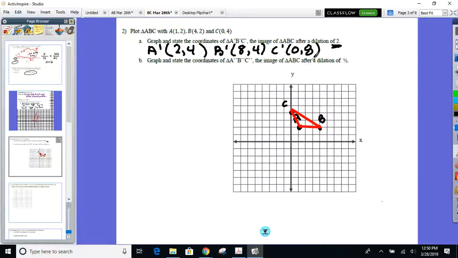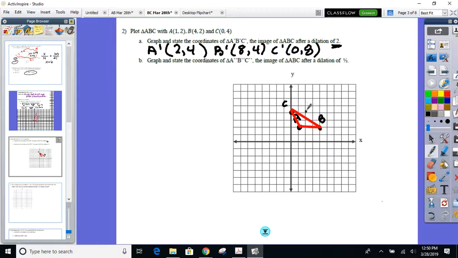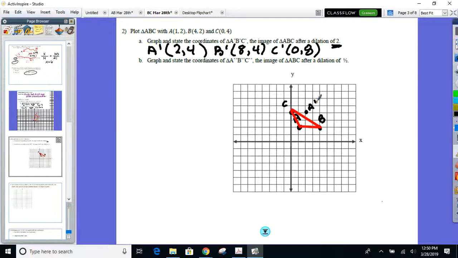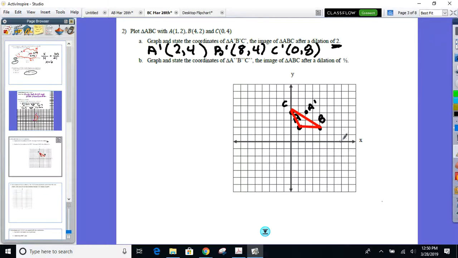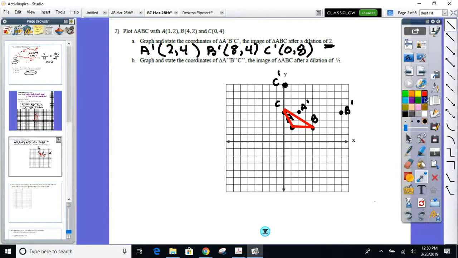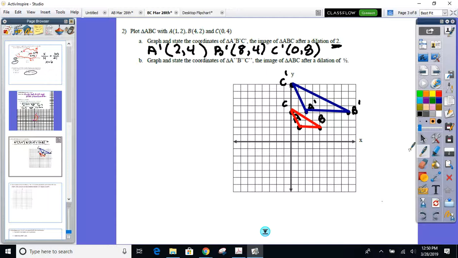Watch how all the points now get further away from (0, 0). That's why the triangle gets bigger.